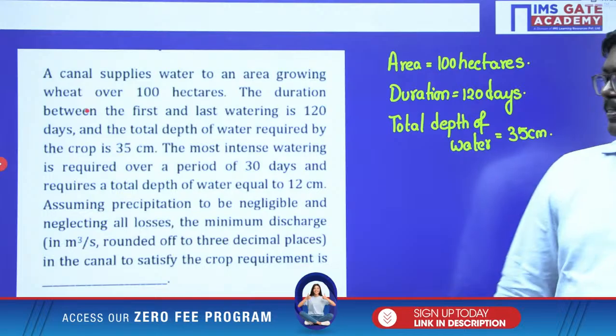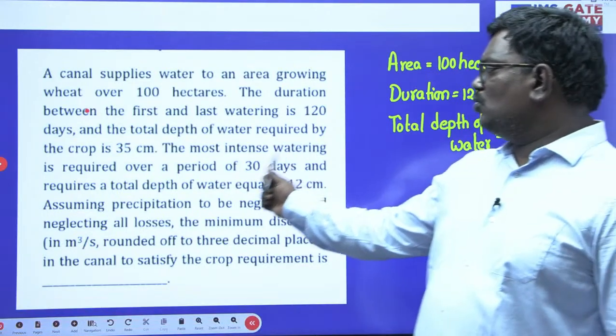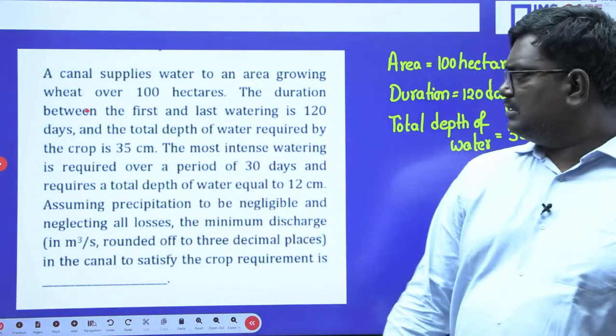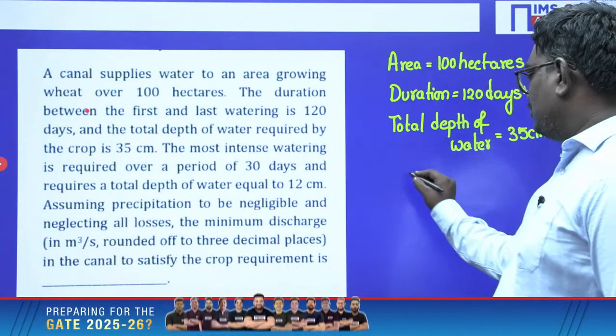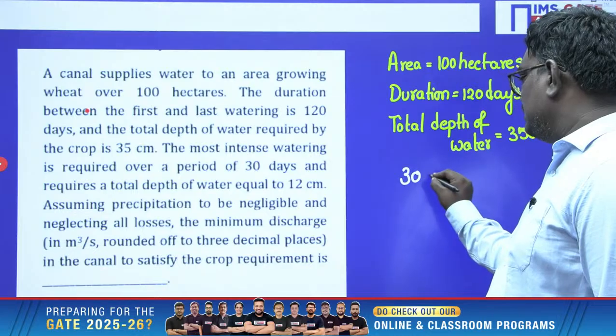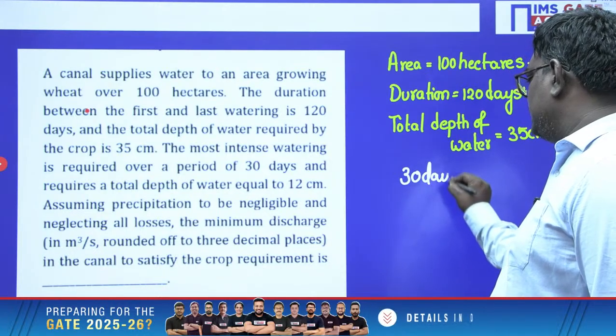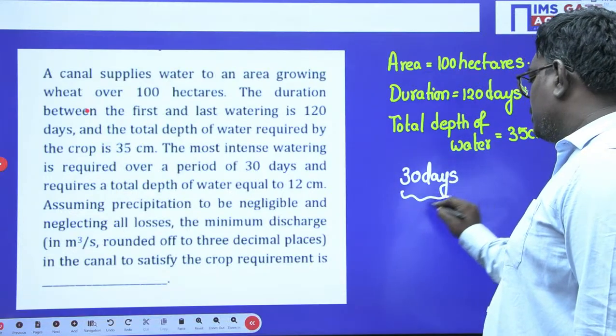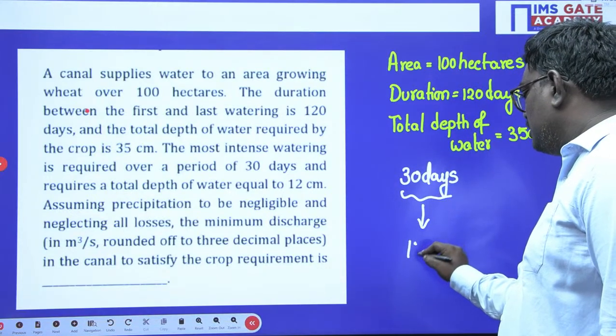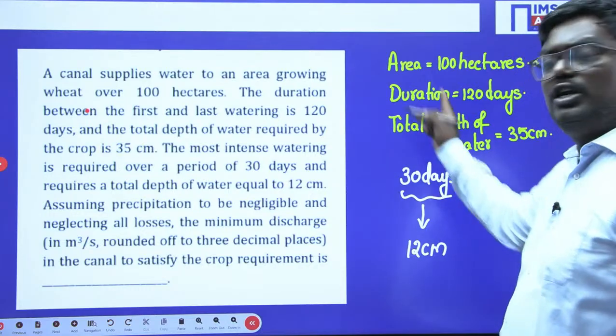Very good. Now, the most intensive watering is done between 30 days and requires a total depth of how much? So, for the first 30 days, what is the required depth of water? It is 12 centimeters.